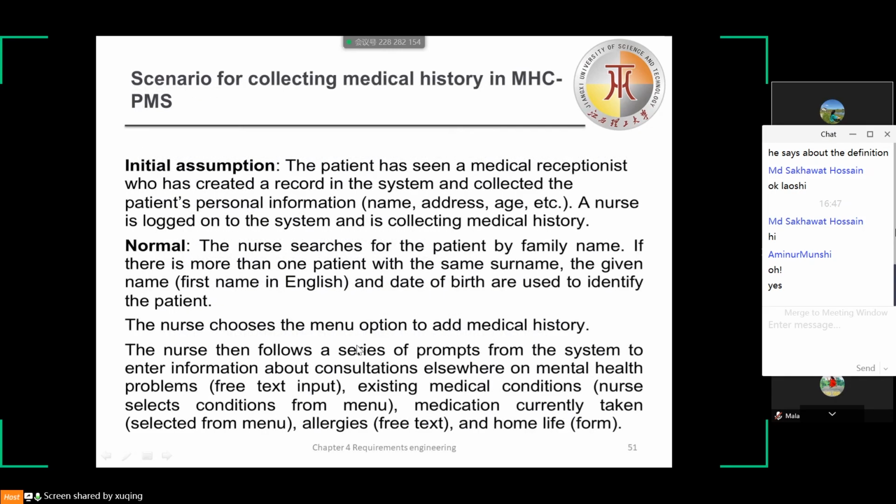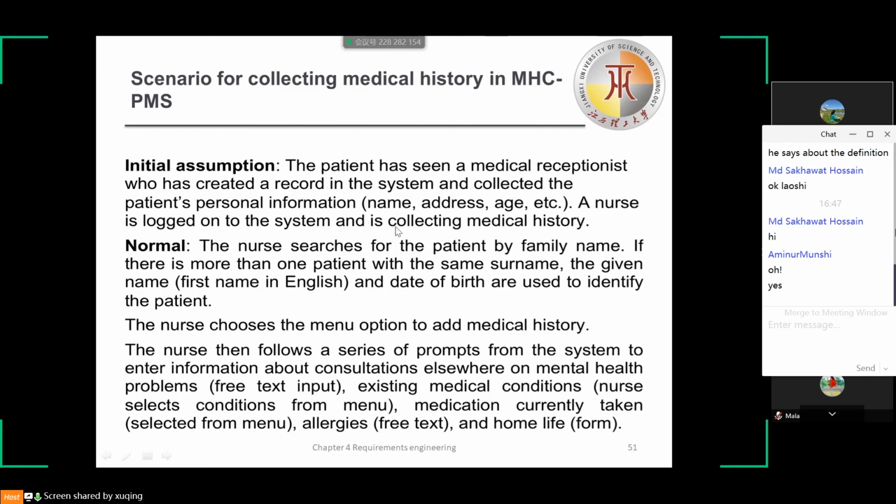Here, we have an example of a scenario for collecting medical history in the system we have seen before. The use case, we have taken it many times as an example. Usually with a scenario like this, we need to work with stakeholders to identify scenarios and to capture details to be included in these scenarios.